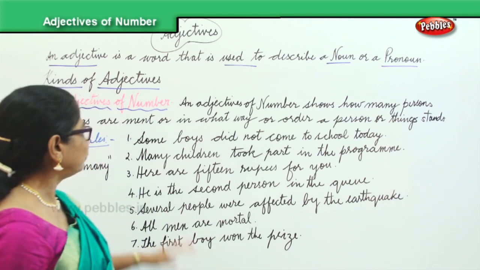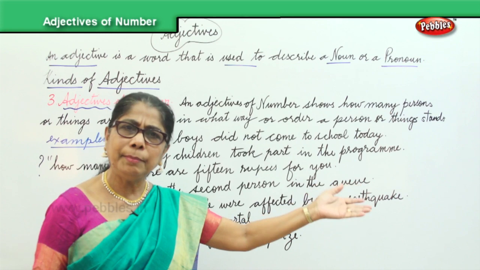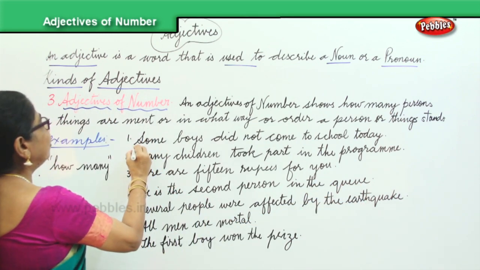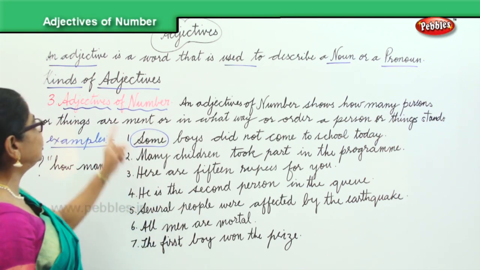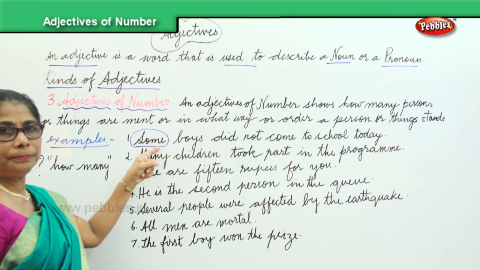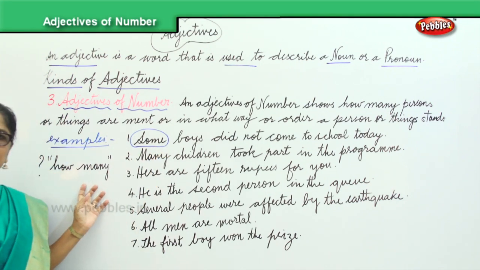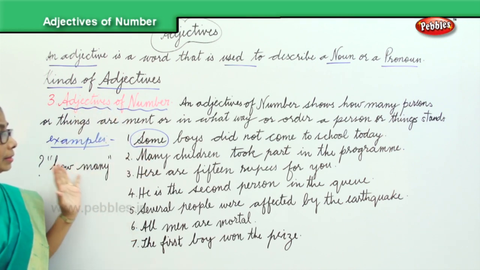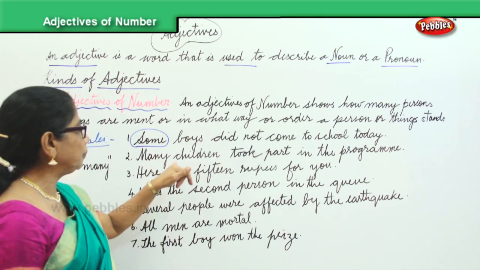Some boys did not come to school today. How many boys didn't come? Some boys. So you have the word some. Adjective of number. It answers the question, how many didn't come to school? Some boys. You're not asking for name.